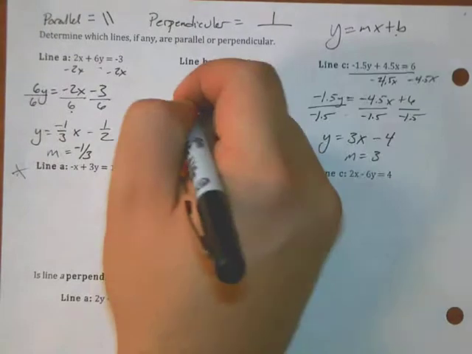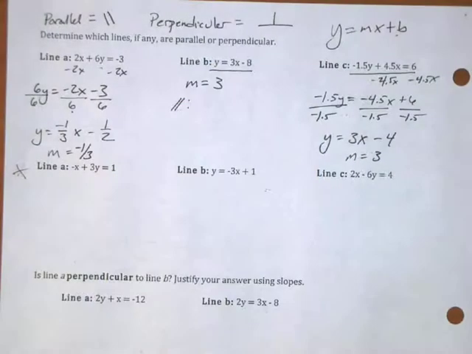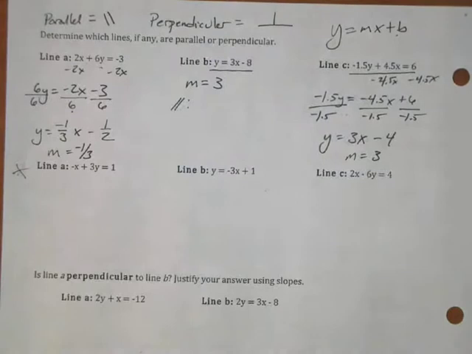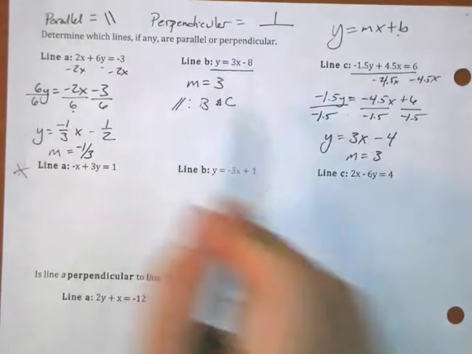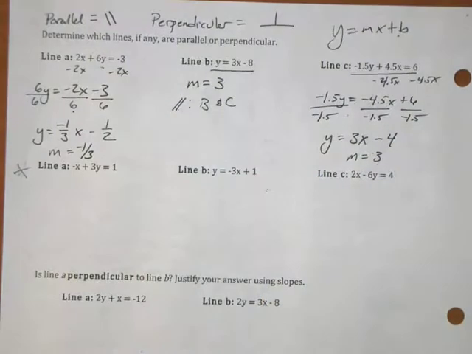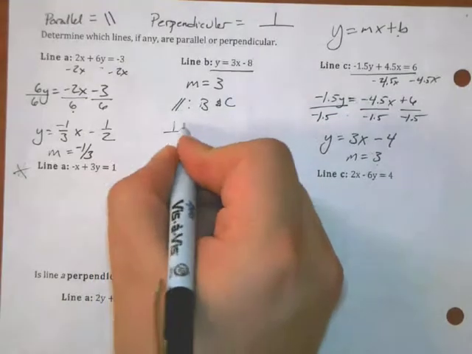Okay. So, what are the parallel lines? Do we have any? B and C are most definitely parallel. They have the same slope. Do we have any perpendicular lines? Yes.